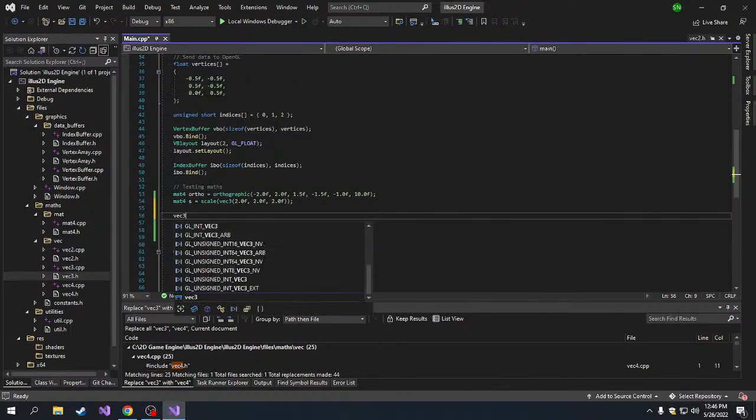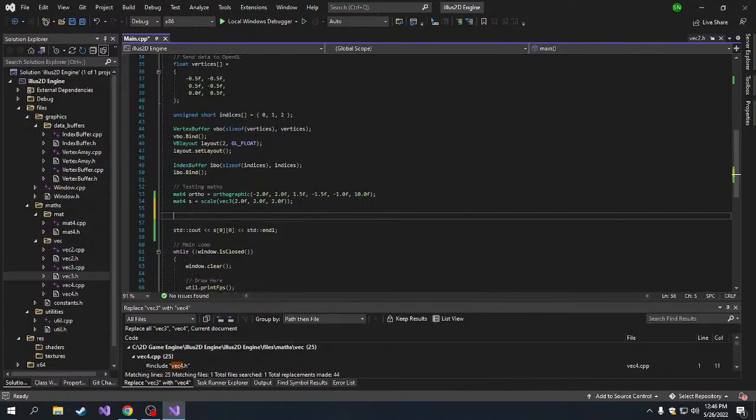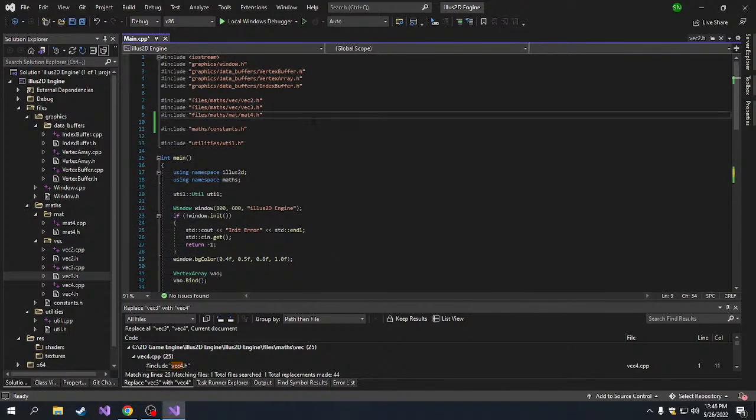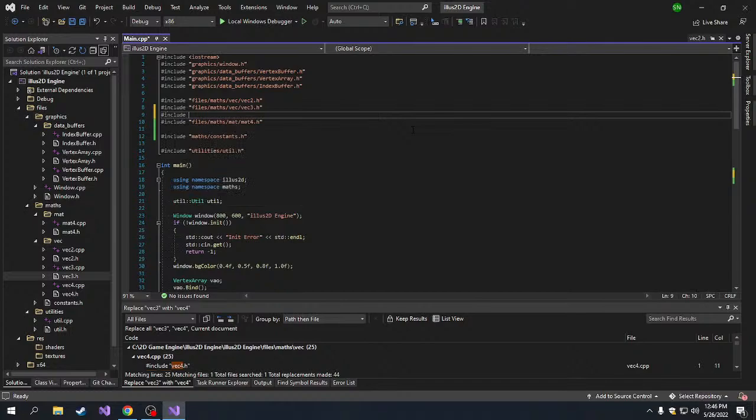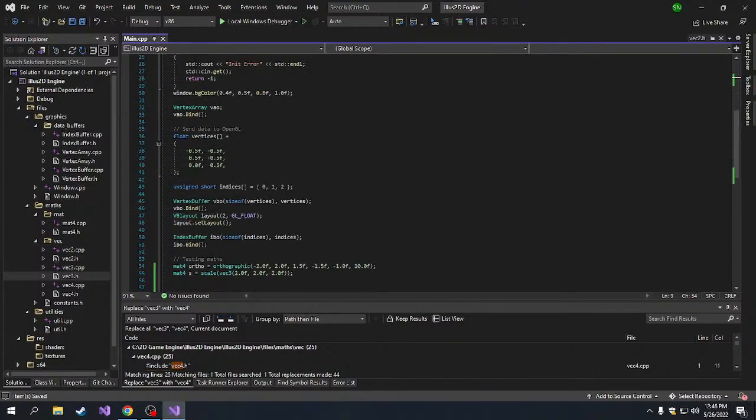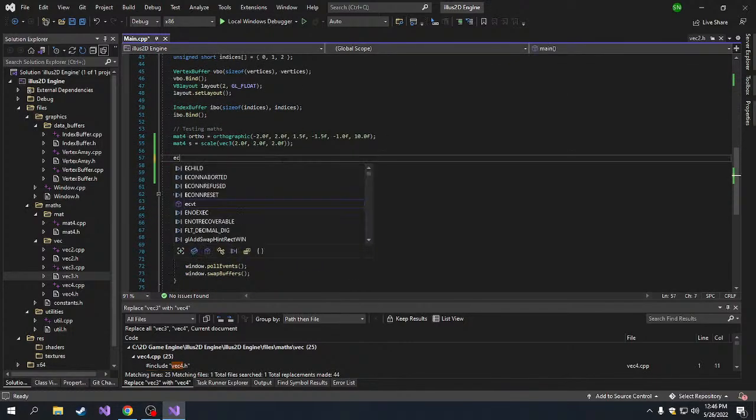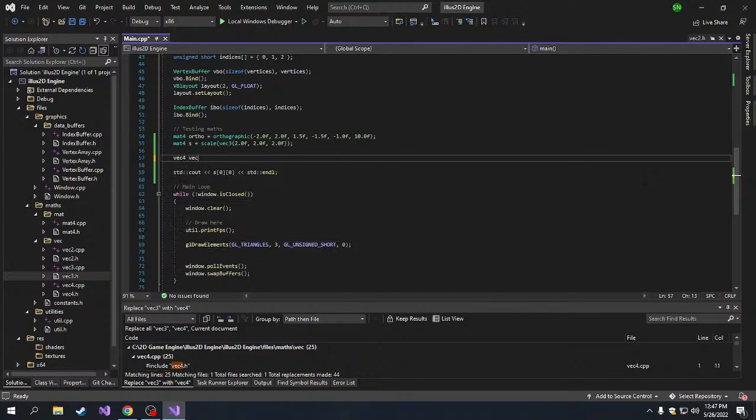Okay, so vector 4. I'm going to include vector 4, of course. Pound include files, maths, vec4.h. Vector 4, x, y, z.